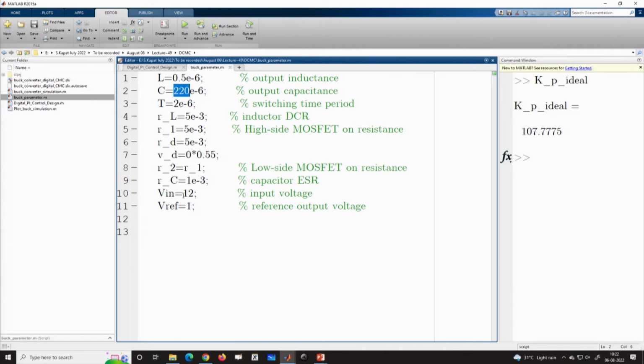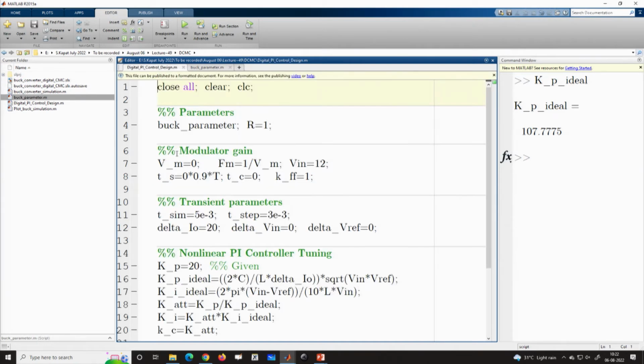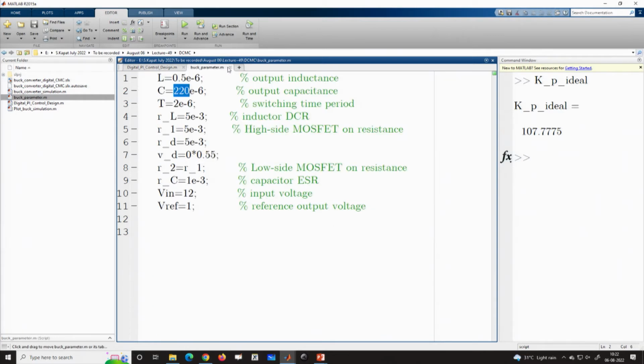We are initially talking about 12 V input, but we can change it. Reference voltage we set as 1 volt. So, first we will load these buck converter parameters which I have just discussed here.